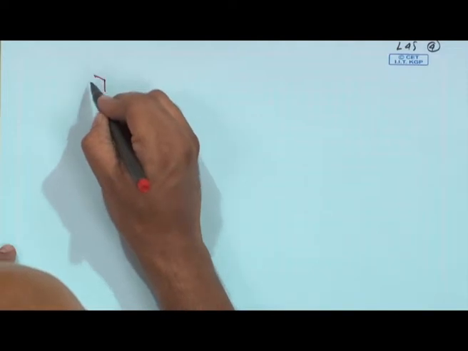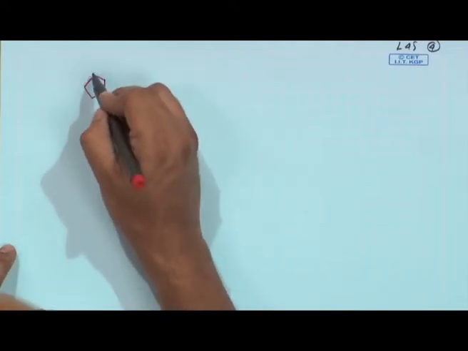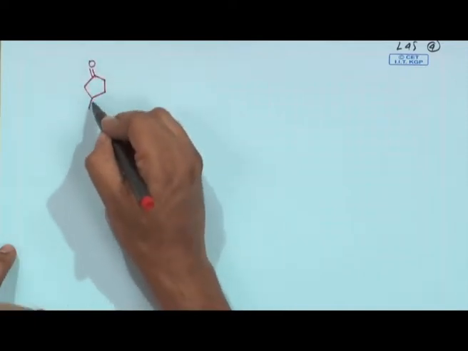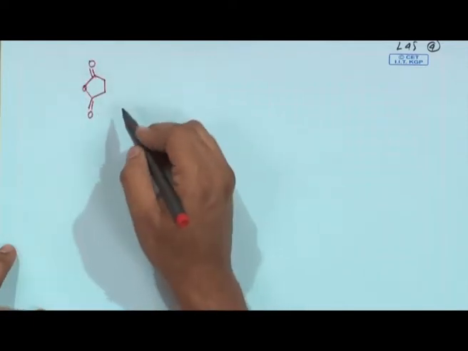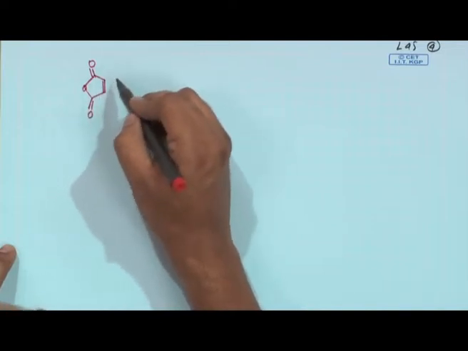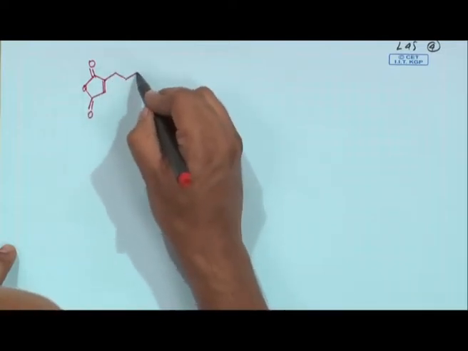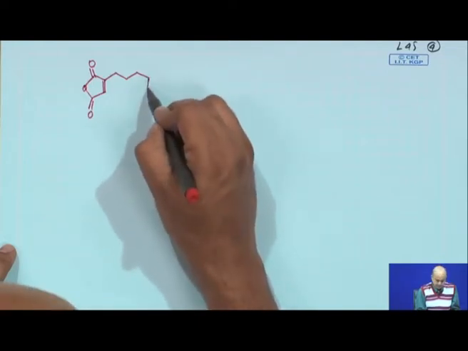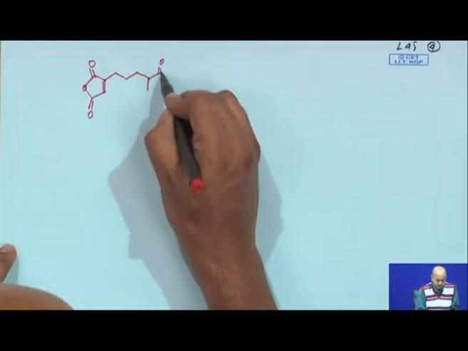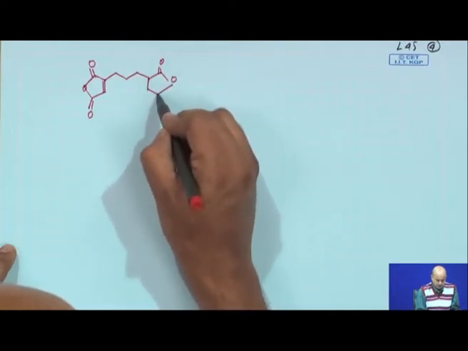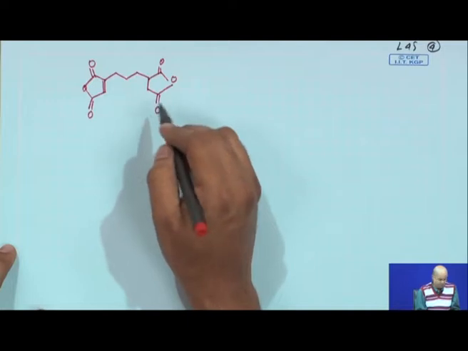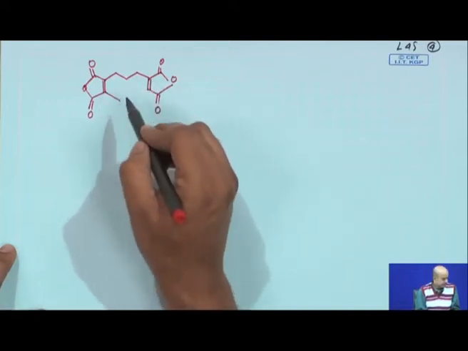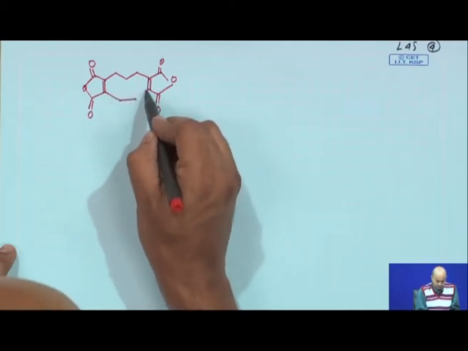The example will basically be a natural product, and this natural product name is bisocalamic acid. You see its structure very carefully. The left hand side and right hand side of this molecule have a malic anhydride part. And then these 2 malic anhydride parts are joined.